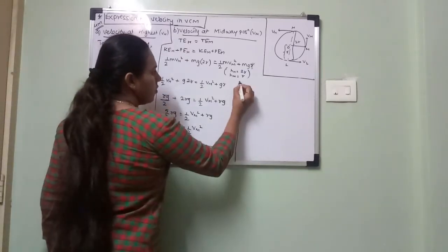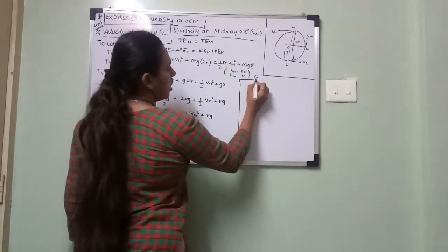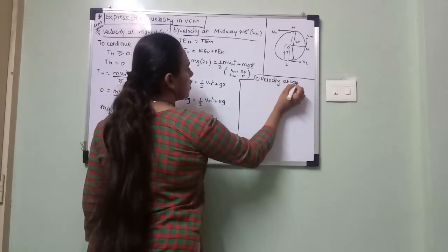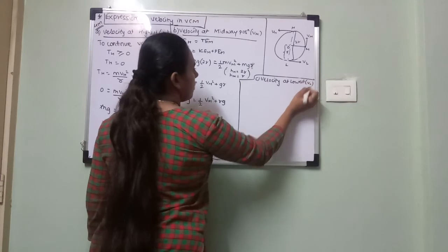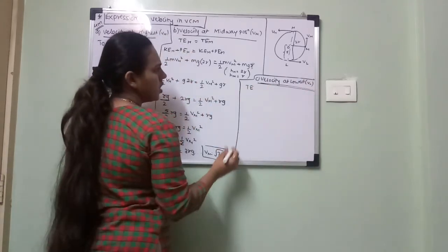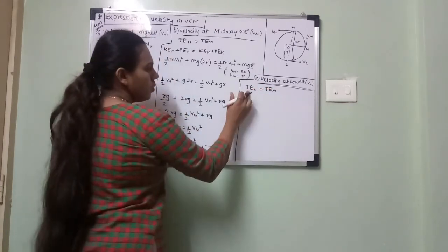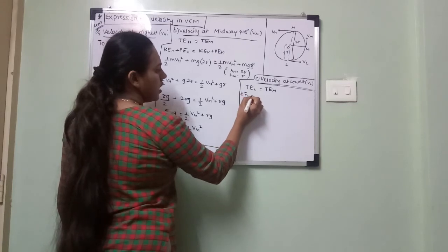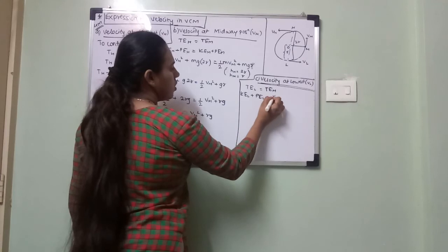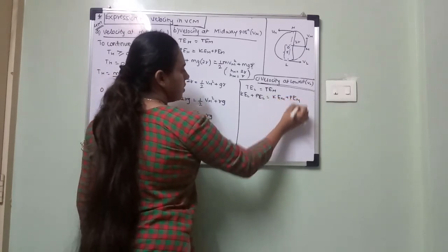Now we will calculate the velocity at the lowest point. So you can say C part, the velocity at lowest, which is denoted by VL here, right? Again, total energy at lowest is equal to total energy at mid. What is total energy at lowest? Kinetic energy at lowest plus potential energy at lowest is equal to kinetic energy at mid plus potential energy at mid.